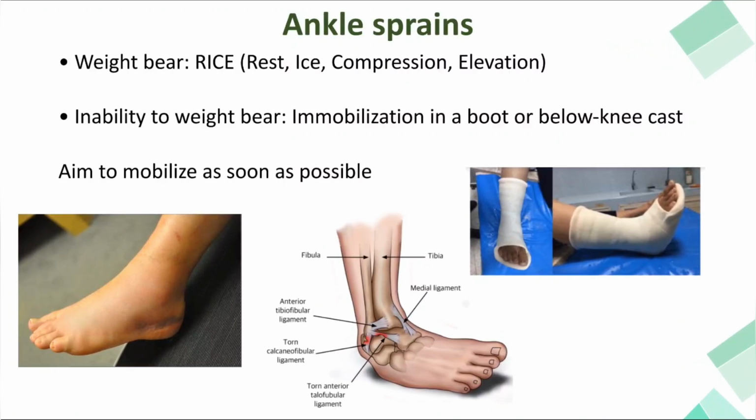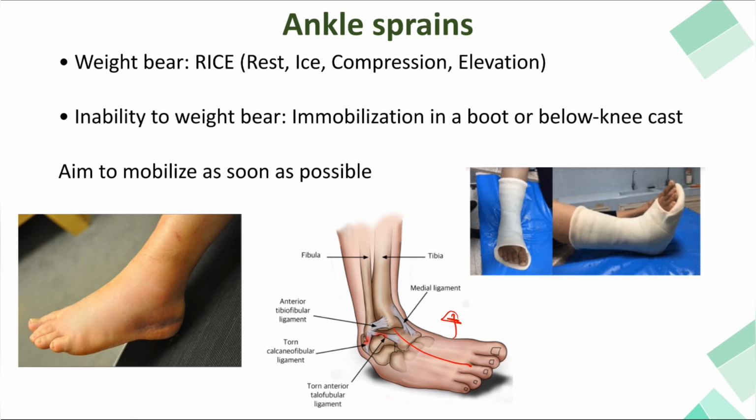Coming to ankle sprain, many cases present with specific mechanisms of injury, typically twisting inward. As we said, it occurs when the foot internally twists, an inversion injury, while the ankle is in plantar flexion.